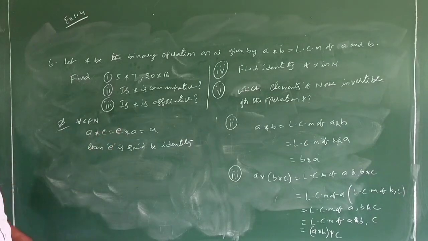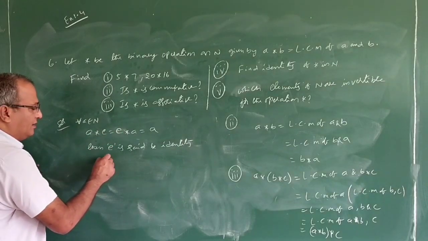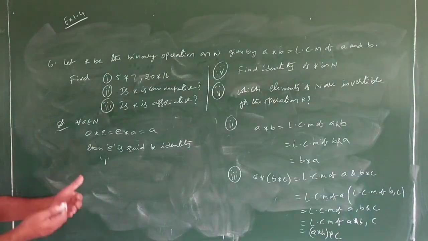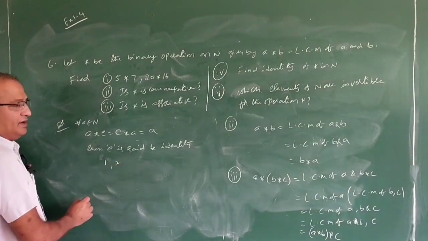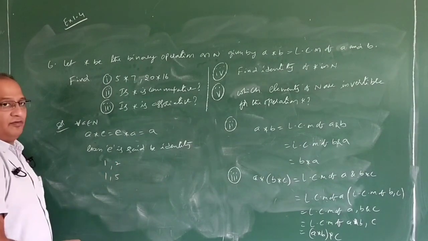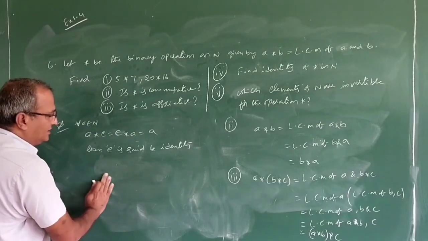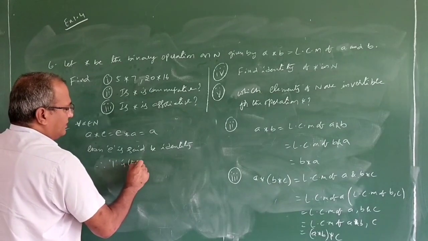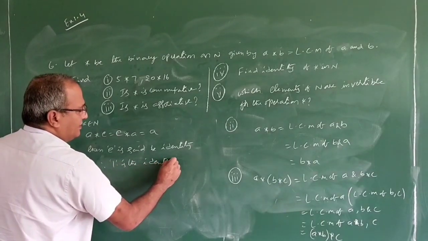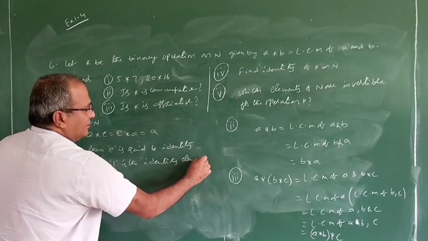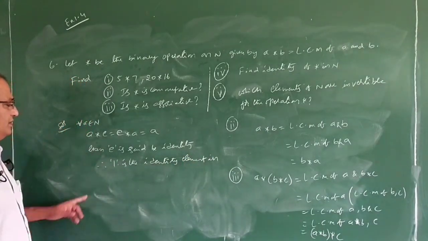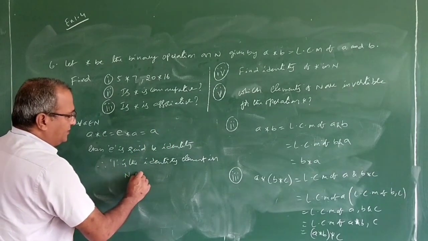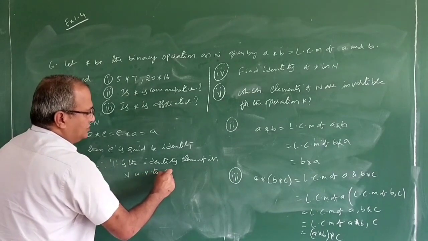To get the same element, there is only one choice, 1. If you take the LCM with 1, you always get that element only. LCM of 1 and 2 gives 2, LCM of 1 and 5 gives 5. Therefore, 1 is the identity element in N with respect to star.